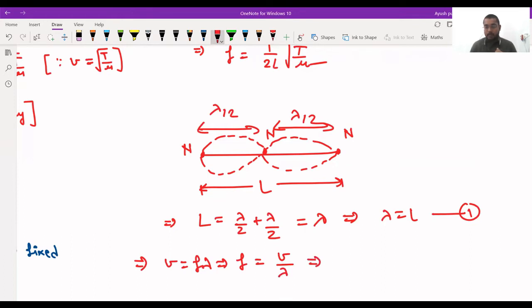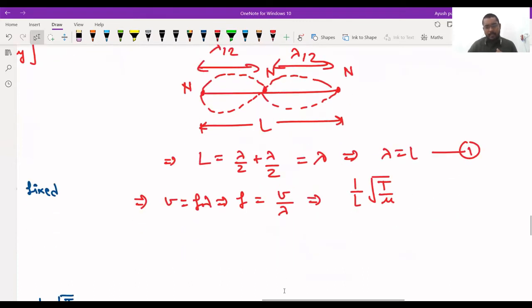Putting L in place of lambda, we get 1 upon L, and V is root T upon mu. I can multiply the numerator and denominator by 2 and write it as 2 upon 2L root T upon mu. Is it okay? I have just multiplied the numerator and denominator by 2.